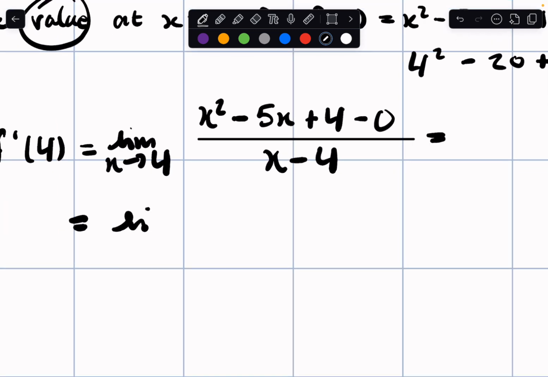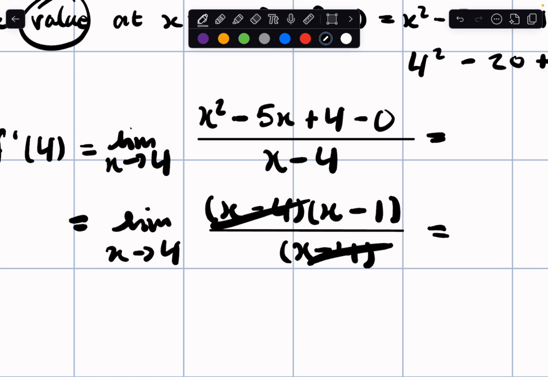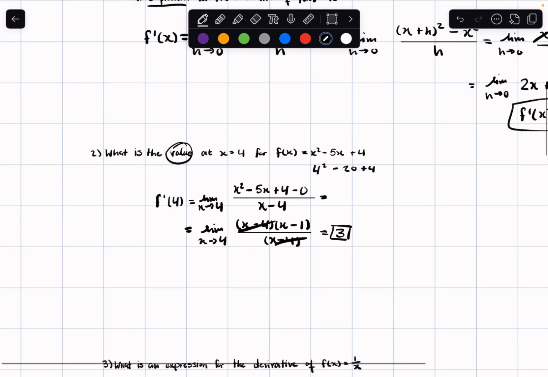So we have a limit as x approaches 4, so we're going to factor the top, so it'll be x minus 4 and x minus 1 divided by x minus 4. Those two will cancel out, and when you plug in 4 for the x minus 1, you get 3, and that will be our derivative there.